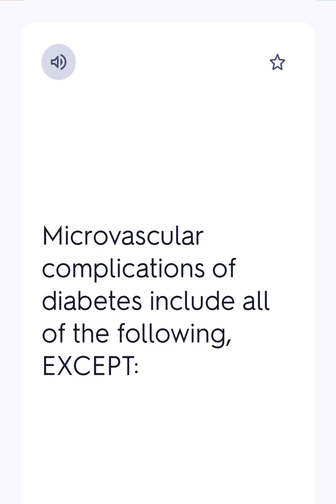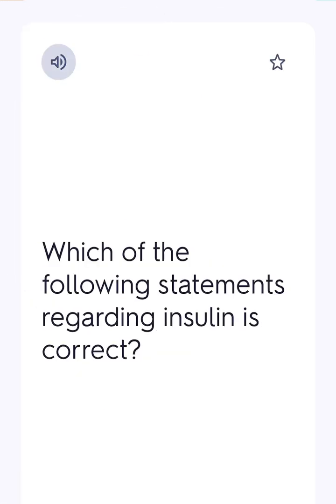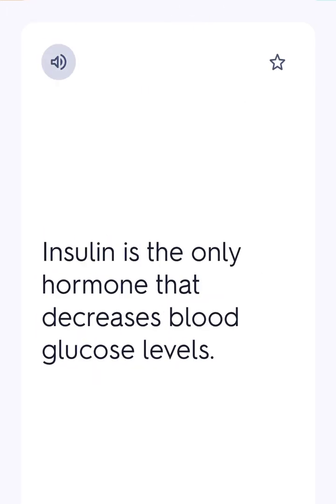Microvascular complications of diabetes include all of the following: except hypertension. Which of the following statements regarding insulin is correct? Insulin is the only hormone that decreases blood glucose levels.